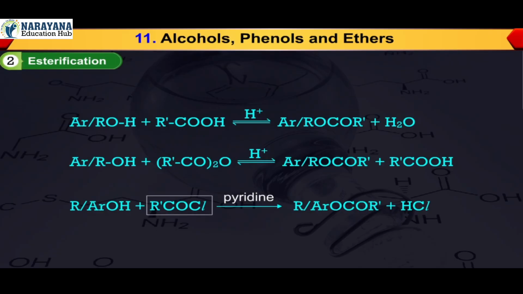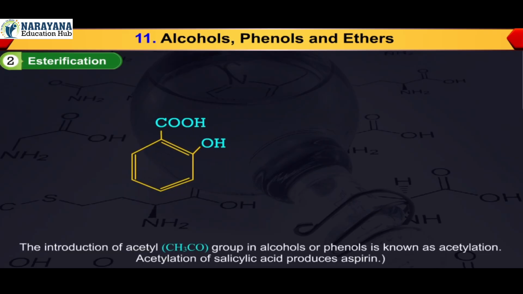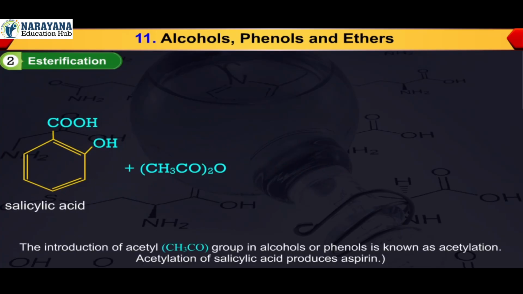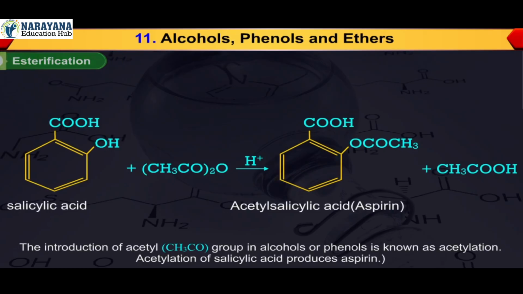The reaction with acid chloride is carried out in the presence of a base, that is pyridine, so as to neutralize HCl which is formed during the reaction. It shifts the equilibrium to the right-hand side. The introduction of the acetyl, that is CH3CO, group in alcohols or phenols is known as acetylation. Acetylation of salicylic acid produces aspirin.